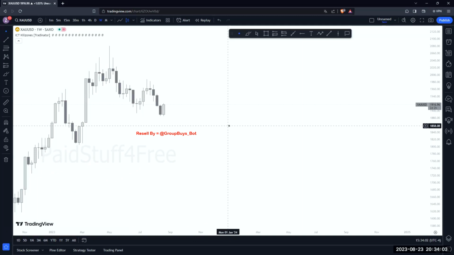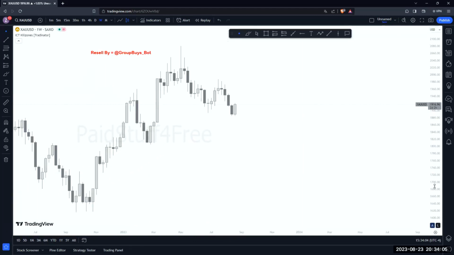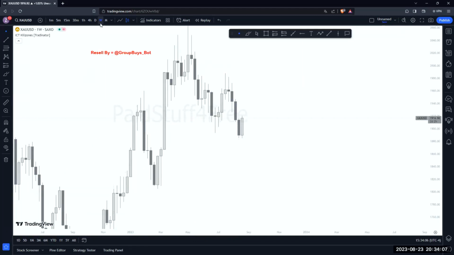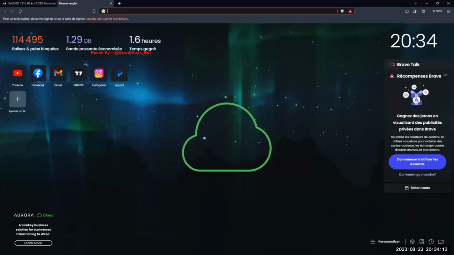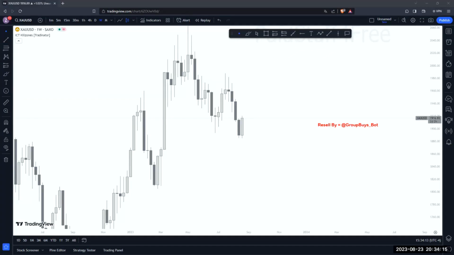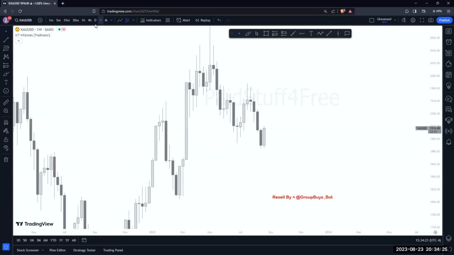Okay, so you basically look at the last candles that you have. So on the weekly or the daily, it's basically the same.